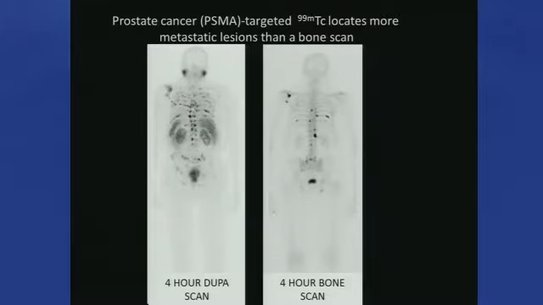And this is just an image of a patient that we scanned with the DUPA, our PSMA-targeted imaging agent, compared with the same patient that was targeted with a bone scan, and this bone scan binds to naked hydroxyapatite, and prostate cancer frequently metastasizes to the bone and eats down through till you have just the naked bone exposed.